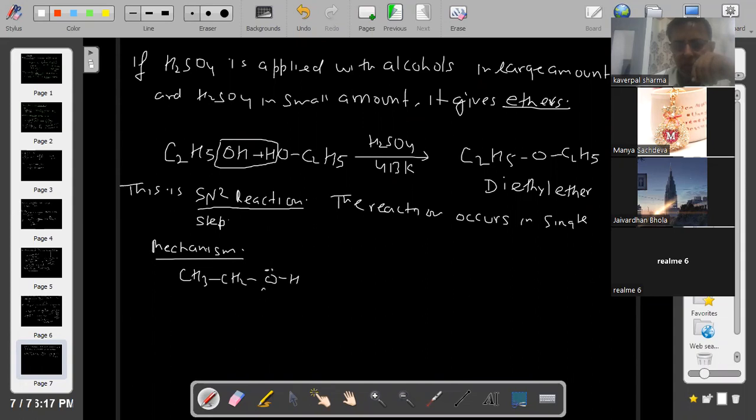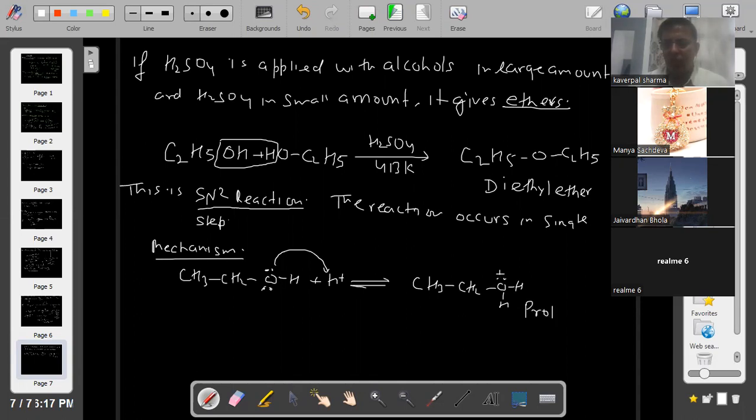As I told you, the OH has electron density. In the presence of HI, you will get the electron-filled, reversible CH3CH2OH2+. You can write this. So that is protonated alcohol.